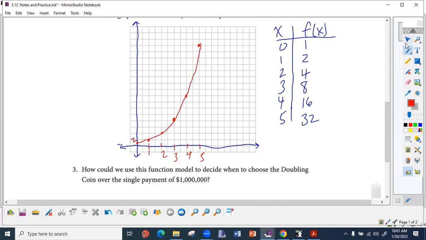Oh, I did make it. Let's try it again, guys. I'm going to touch that point. I'm determined. Oh, close enough. All right. There's my beautiful graph.